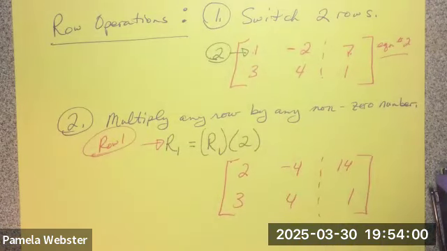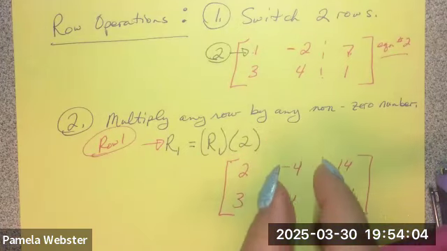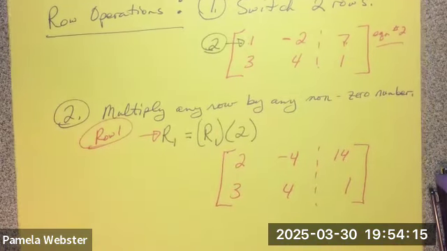No x's written there, but we all know this first column is my x's. This second column is my y's, and this third column is my constant numbers, or the numbers that are on the other side of the equals sign, right? Okay.